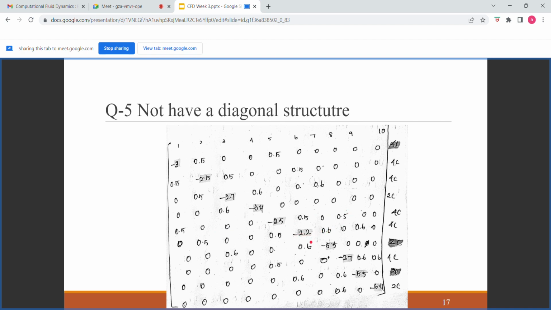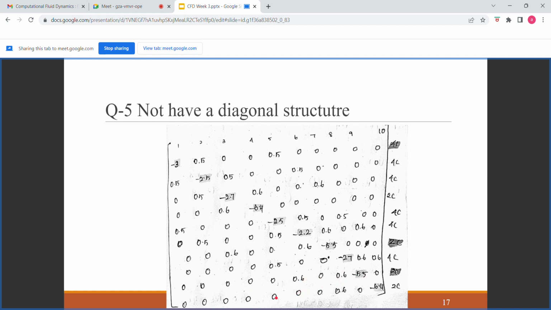In row 7, however, there are 3, that is 0.6, 0.6 and -5.5. So that is one more row. In row 8 it is 4, that is 0.5, -2.7, 0.6 and 0.6. In row 9 we get only 3 non-zero coefficients, that is 0.6, 0.6 and -5.5.